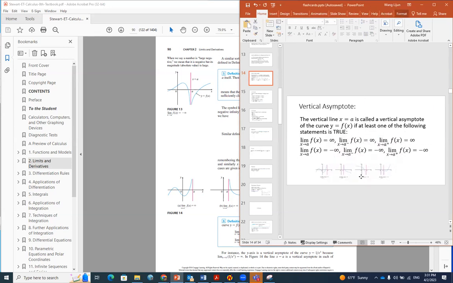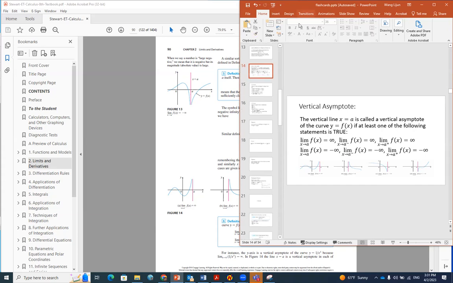There are all these different cases, and in any one of these cases, the limit does not exist at a, as we mentioned earlier. Limit laws, I'll do that later, before I send them to you.